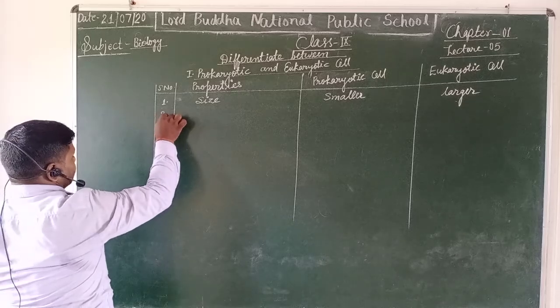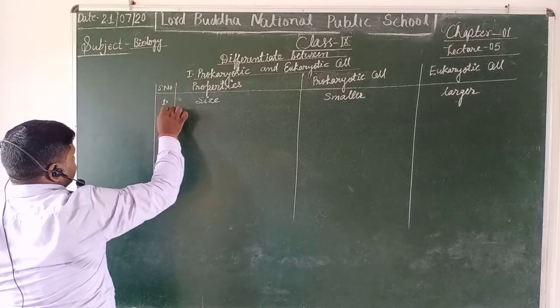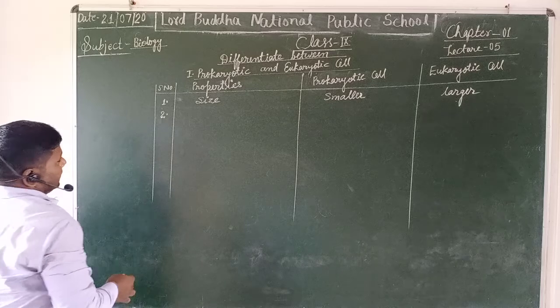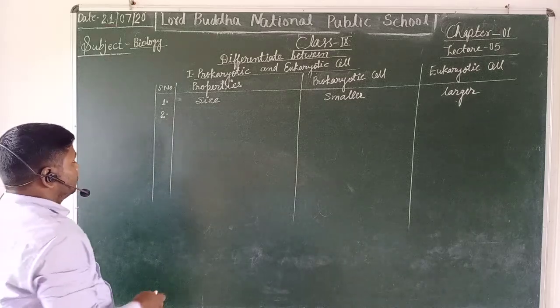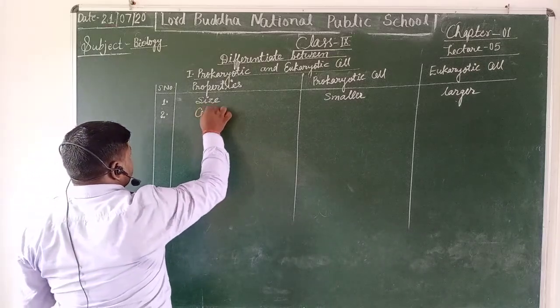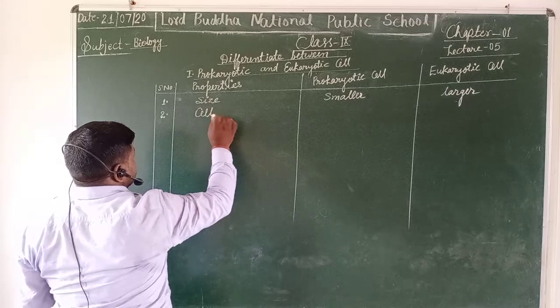Now, the second differentiating property we should take is the presence of cell wall.